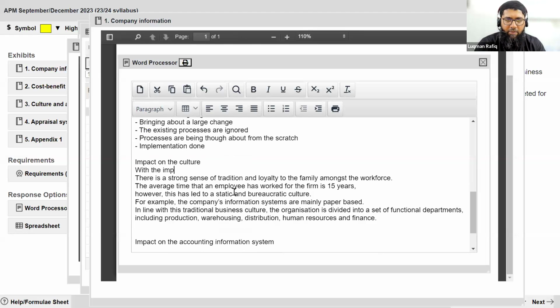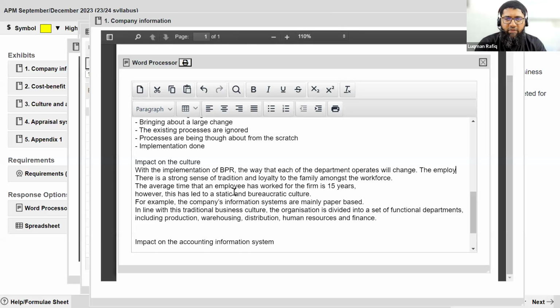With respect to the impact on the culture, with the implementation of the BPR, the way that each of the departments operates will change.